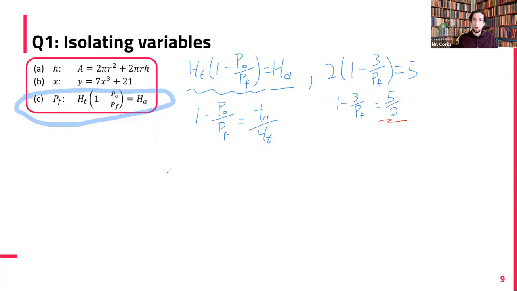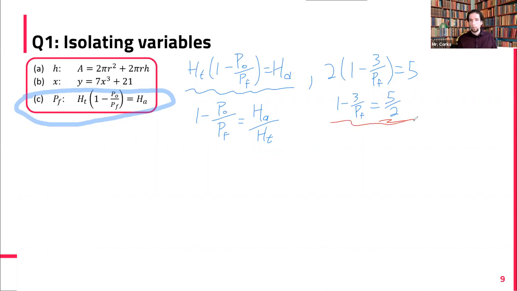So it's not wrong, but it's not the simplest thing that we could do. Some people had a lot of trouble on this question and ended up getting squares and square roots and all kinds of stuff that is really unnecessary. Just a few simple steps would have been enough to solve it.